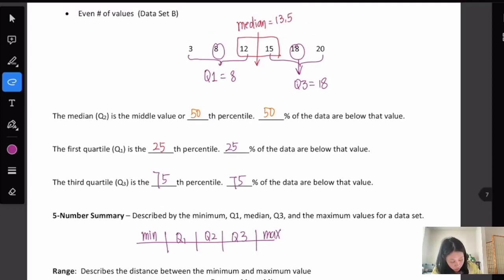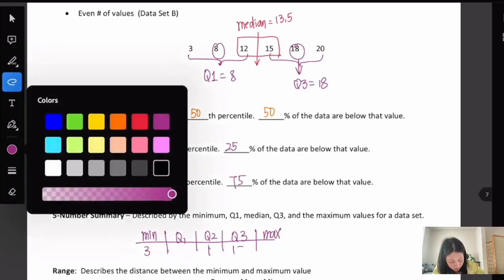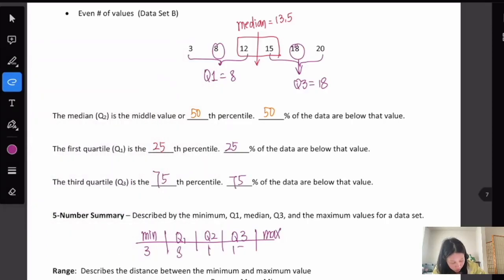So for this, let's use data set B. We have 3, 8, 12, 15. Oh, sorry. Just write this down. So Q1 is 8. Q2 is 13.5. Q3 is 18. Maximum is 20.